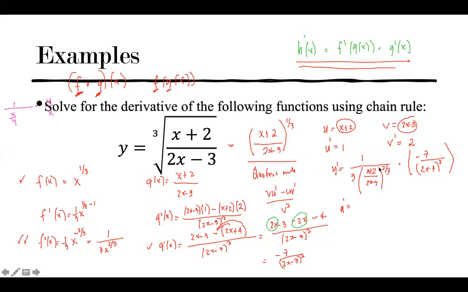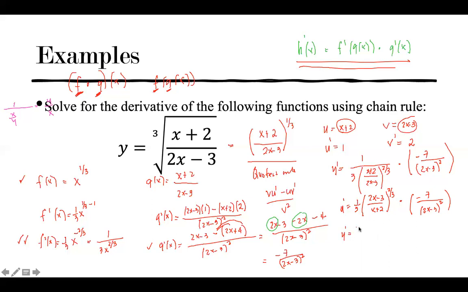So the same thing here. This will just be 1/3 times (2x minus 3) over (x plus 2), to the power of 2/3, then times -7 all over (2x minus 3) squared. All right, so afterwards, we combine.